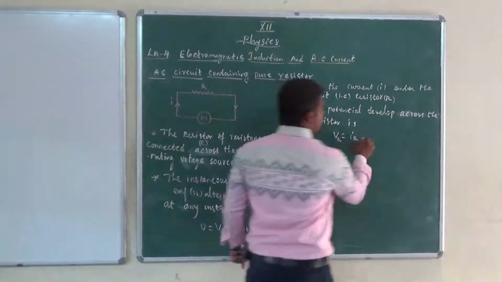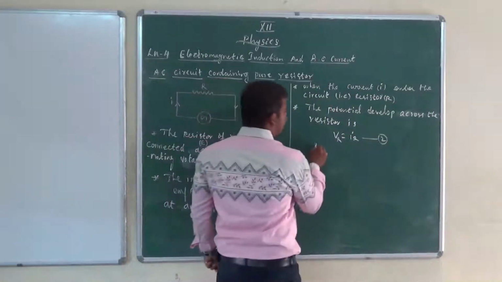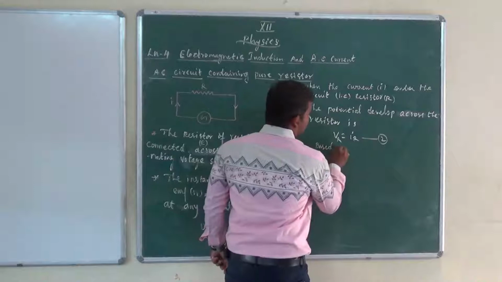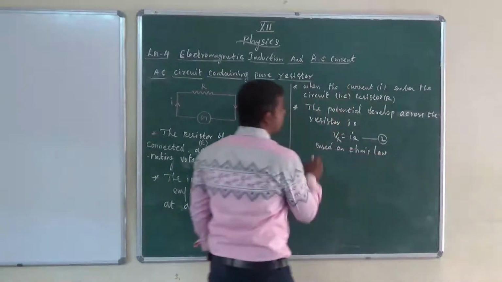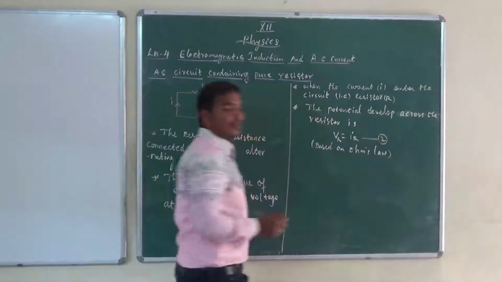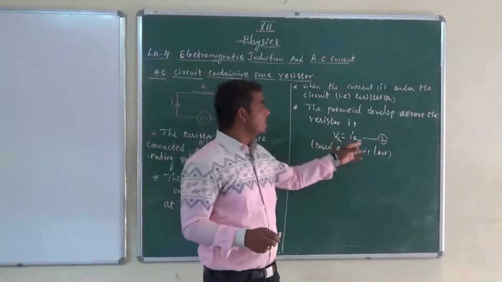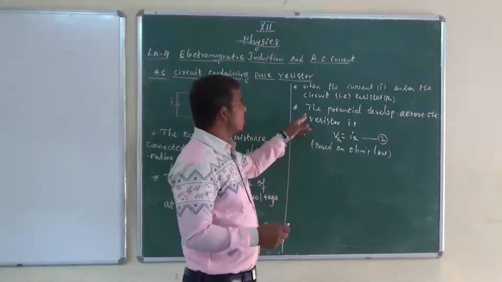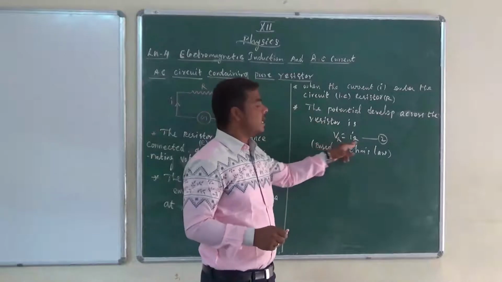How is this equation applied? Based on Ohm's law. In our lower classes, even in the second chapter, we discussed Ohm's law in detail. So V equals IR. The potential developed across the resistor is VR equals IR.